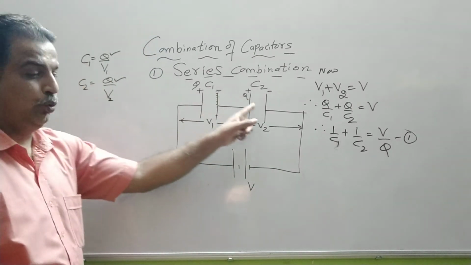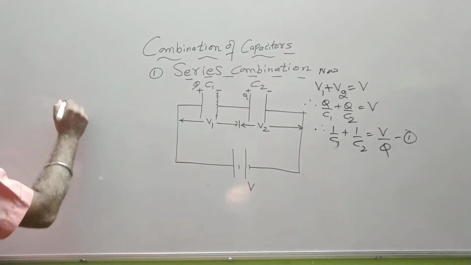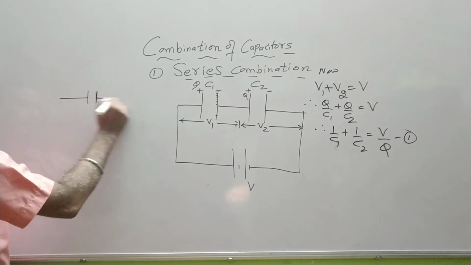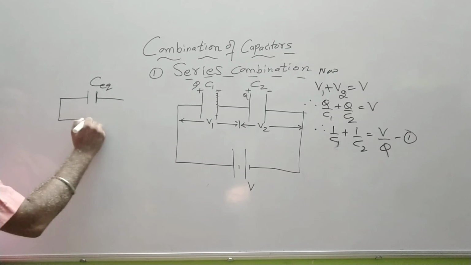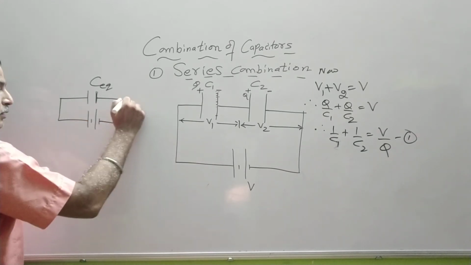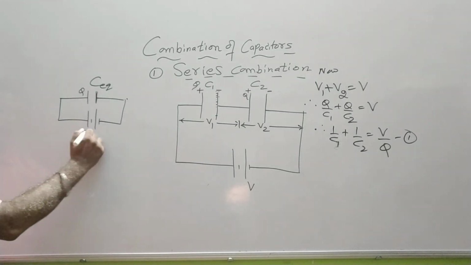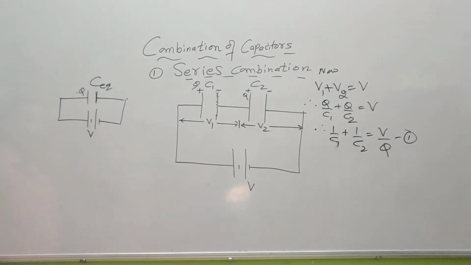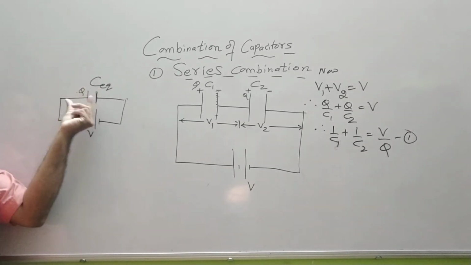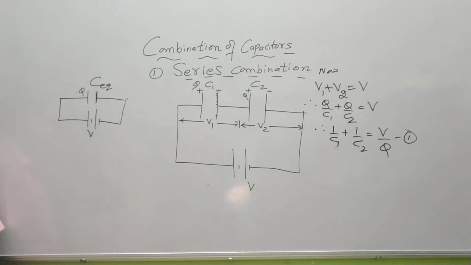Now instead of two capacitors, if we consider one capacitor whose value is C equivalent, connected to the same battery, the amount of charge deposited on it by the same battery would be Q. The potential difference of the battery is V. We have named this capacitor C equivalent.